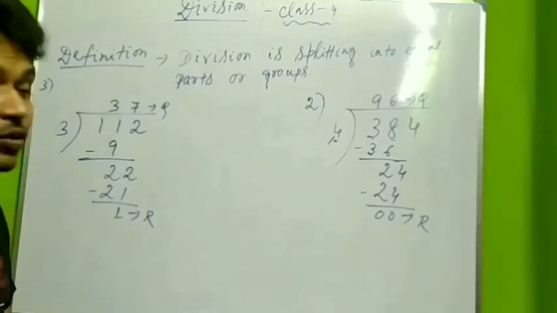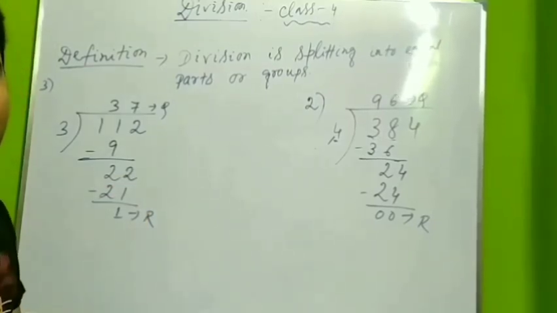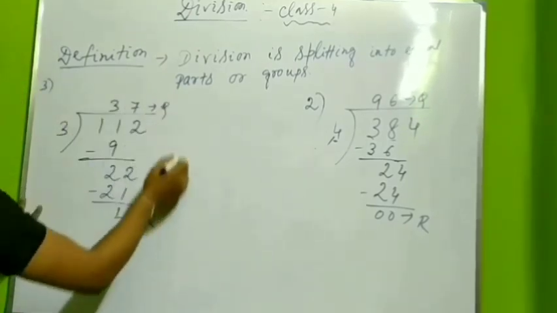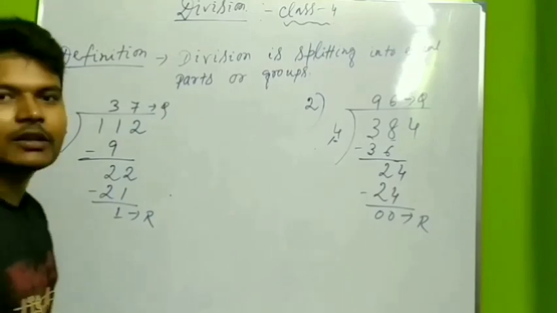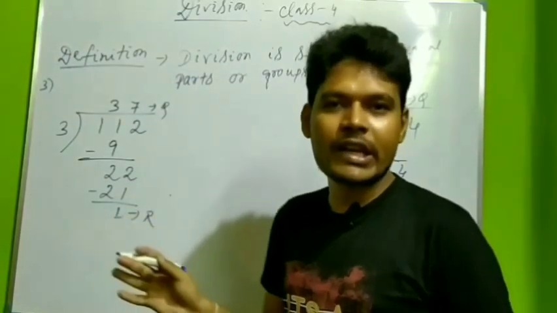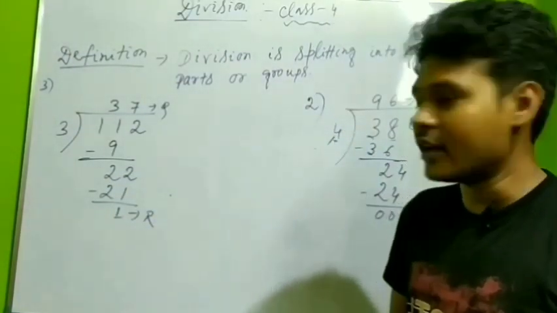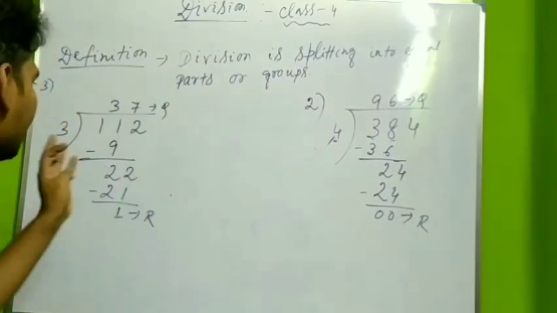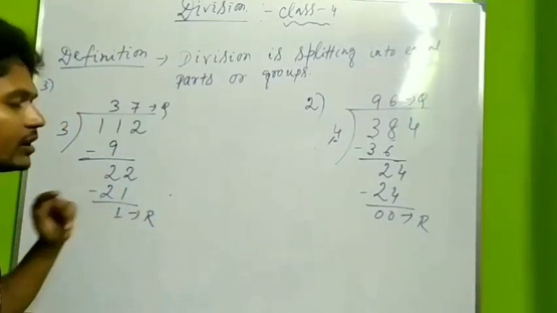Okay, so now let's see what is the relation between dividend, divisor, quotient and remainder.